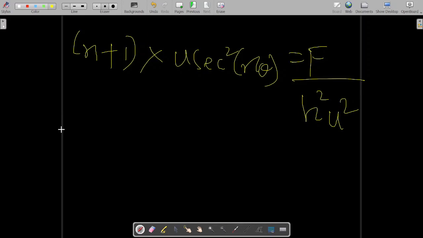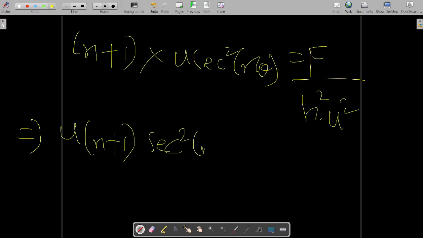So that implies that u(n plus 1), just a second, this is the final form. Then sec square nθ, what is the value of sec square nθ?